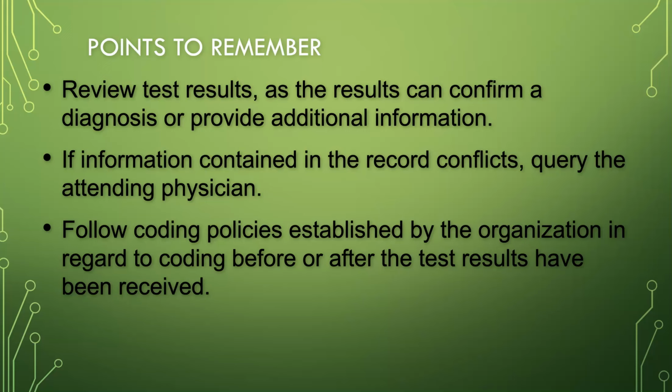And also your organization may have some specific coding policies about whether we can code before those test results are received, or we need to hold off on releasing that claim until the results have been received. An example might be if the patient had surgery and there was a specimen sent to the pathology lab. There are some policies that say we can code from the operative report, and then other organizations say we will not code that claim until we have the pathology report back.